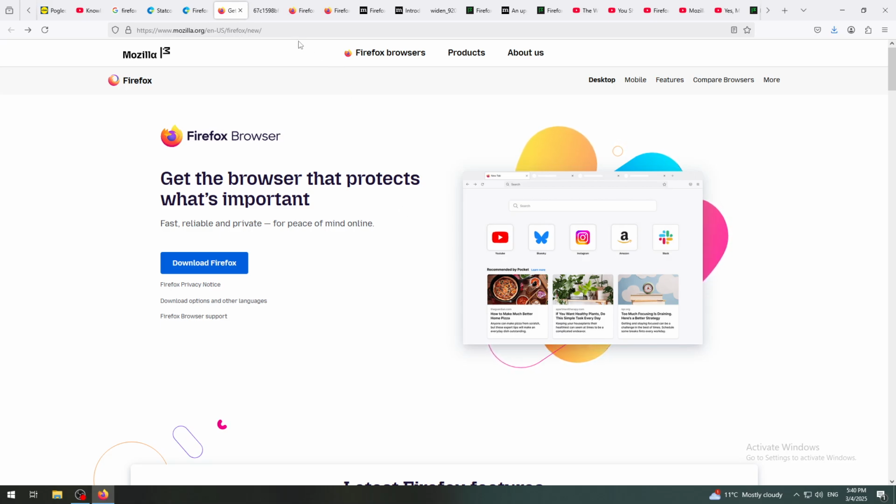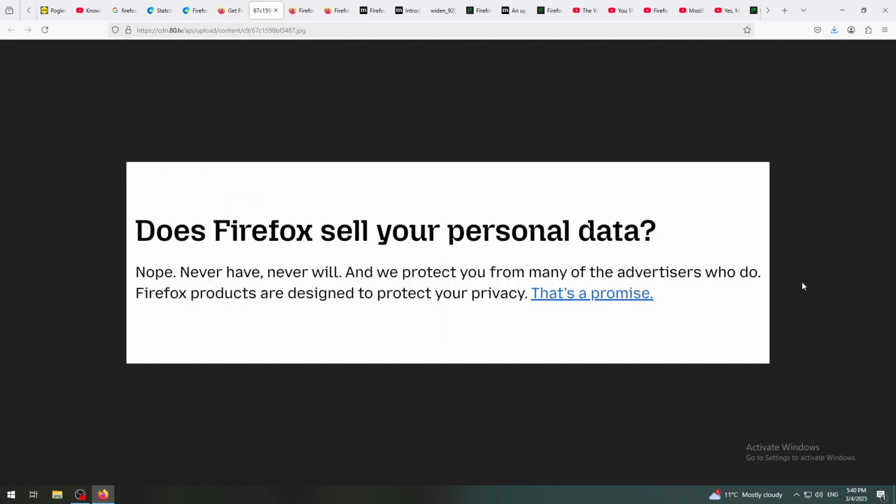So the first problem which I would like to address, the first statement, is this one. This is the statement which was available until a few days ago, before the terms of use and so on, and it was actual, and I would say it was some kind of brand identity behind Firefox.